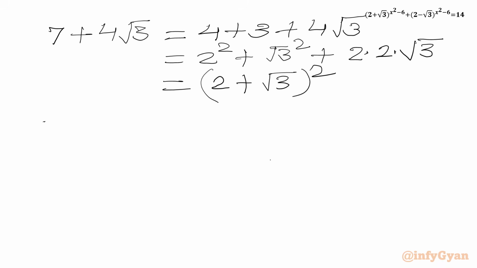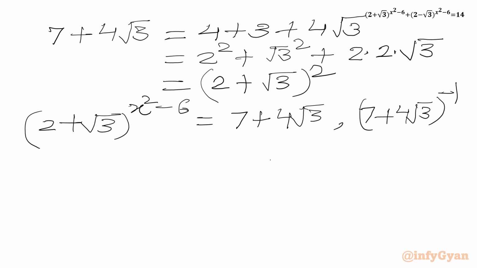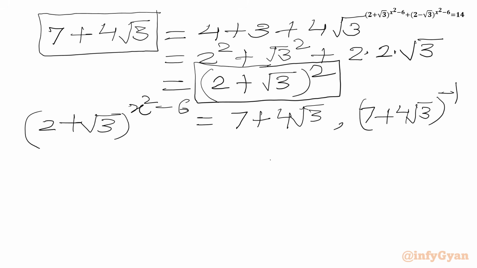So we can write 2 plus root 3 whole power x square minus 6 will be equal to 7 plus 4 root 3, comma, 7 plus 4 root 3 with power minus 1. Now we will replace 7 plus 4 root 3 with 2 plus square root 3 whole square.